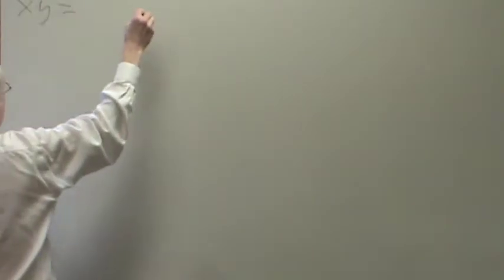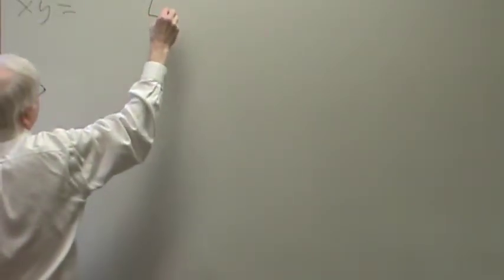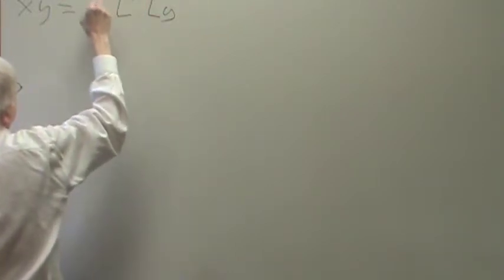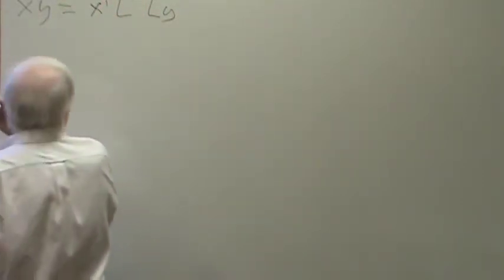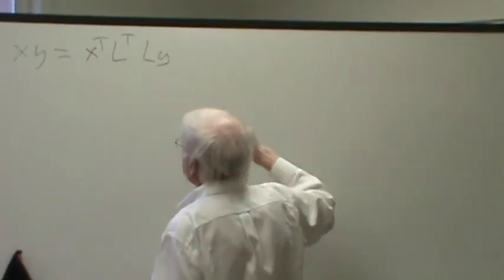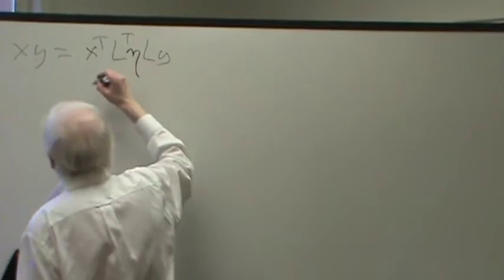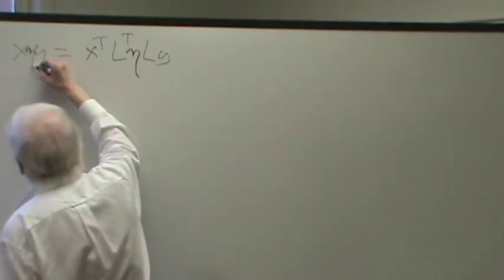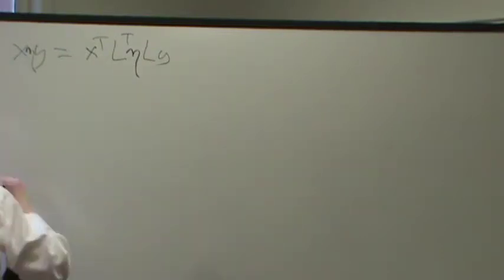So for the Lorentz group, that's the idea of a Lorentz group. But what we've got here is eta, where eta is the flat space metric.